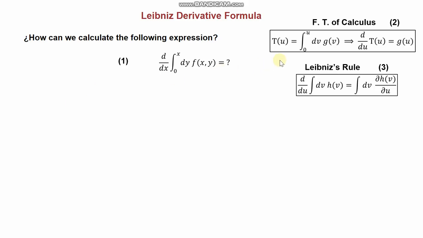The fundamental theorem states that if we define a function t as the integral from 0 to u of a function g that is independent of u, if we differentiate t with respect to u, we simply obtain the function g evaluated at u.